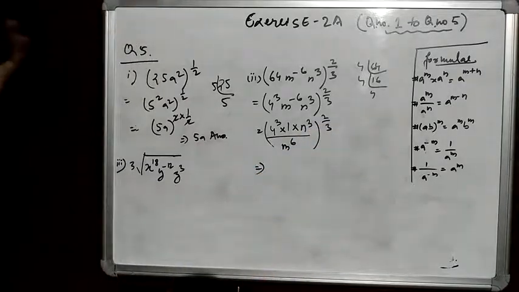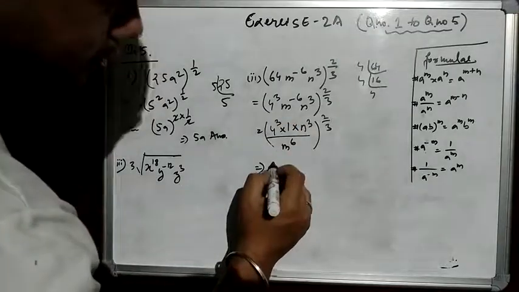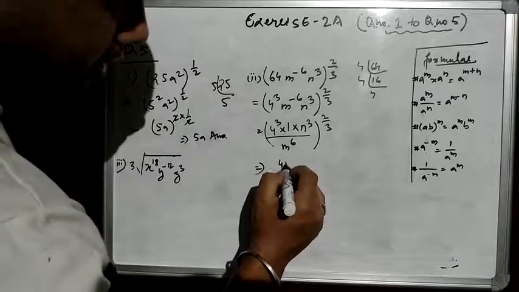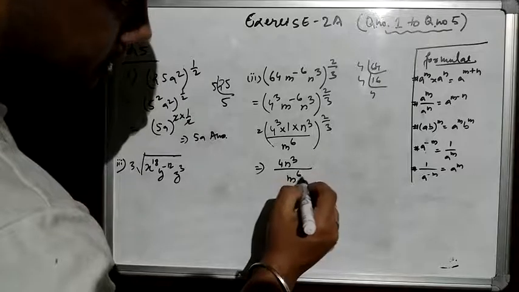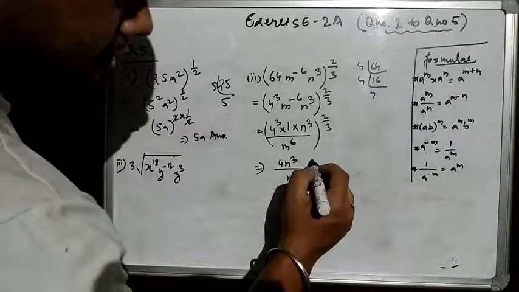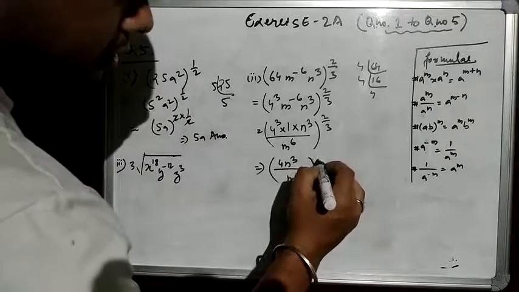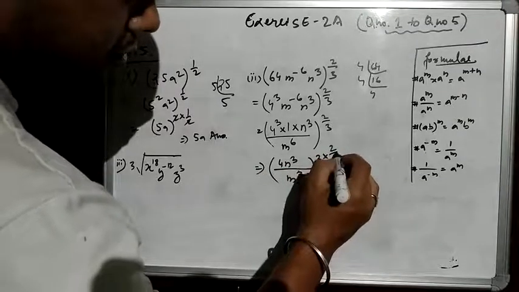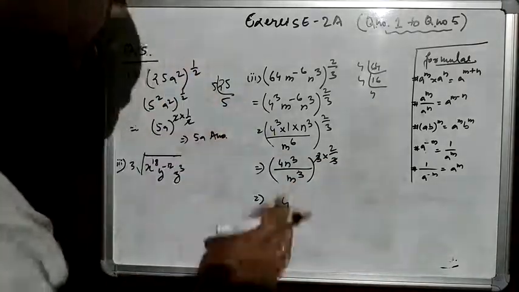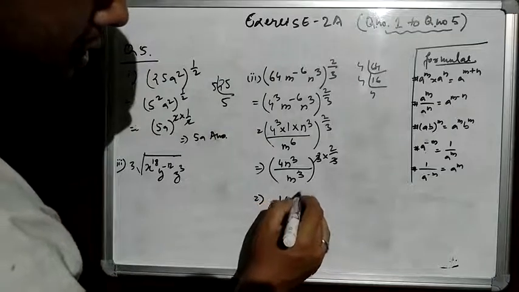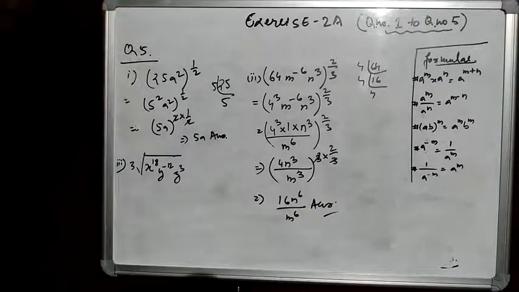Here we can take out 3 common outside: 4n cube by m 6. Here also we can take out a cube from here. Then 3 into 3 will cut, will come here square, 4 square will come as 16, 16 n square by m 6 is your answer.